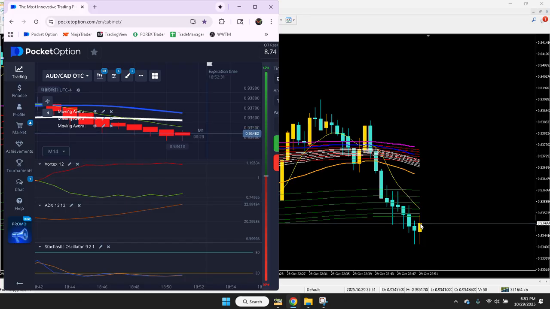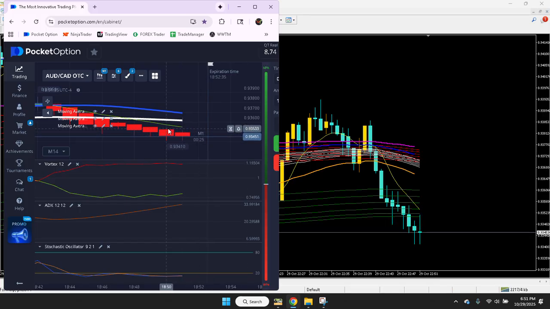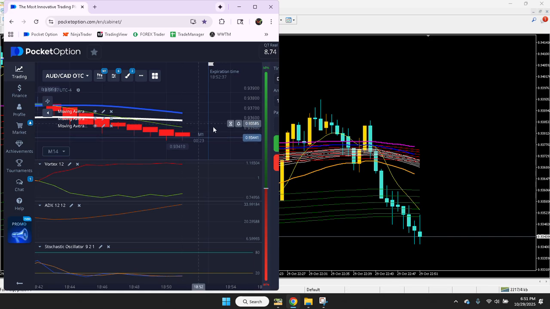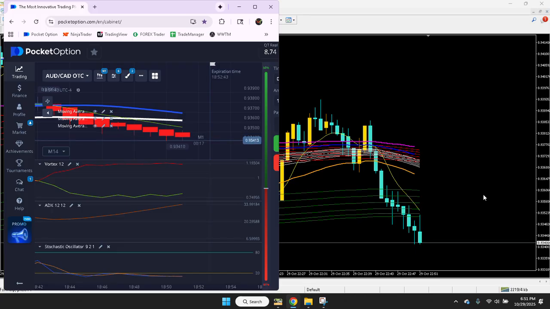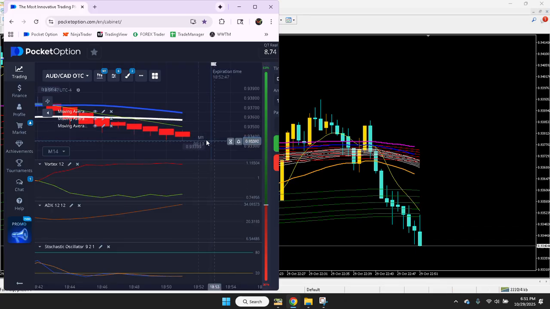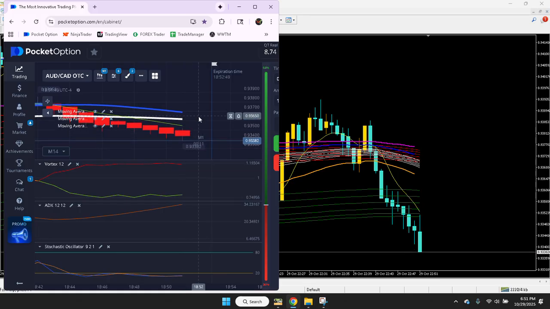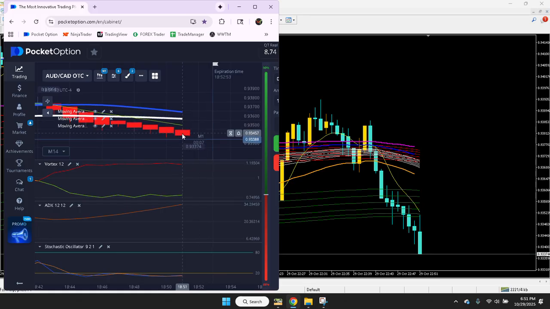I'm hoping that this will close above this candle. Doesn't look like it's going to. But if I was going to take a trade for going up, let's pretend, or for going down, I'd wait.